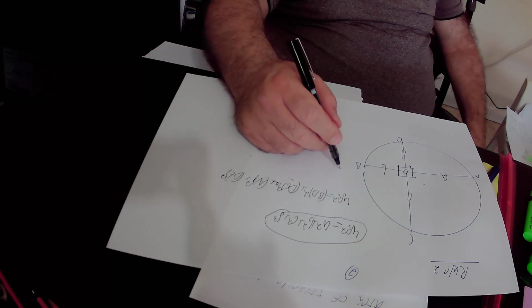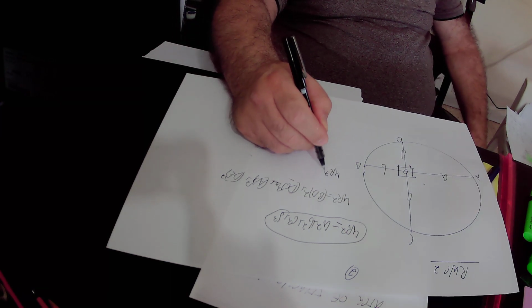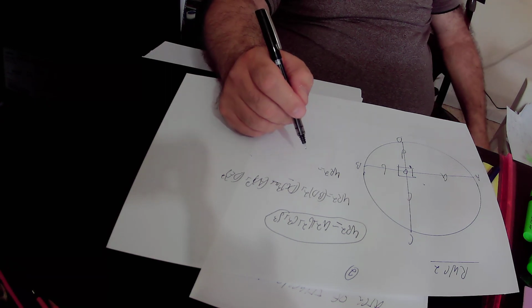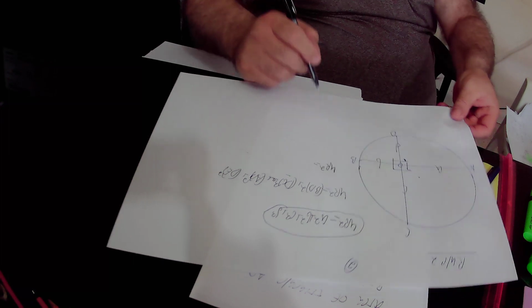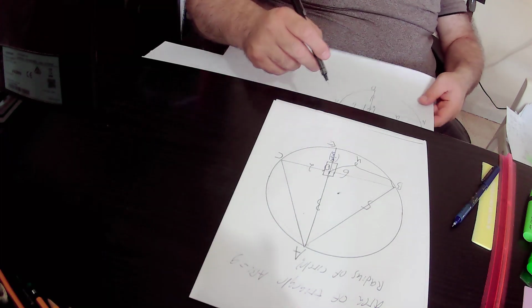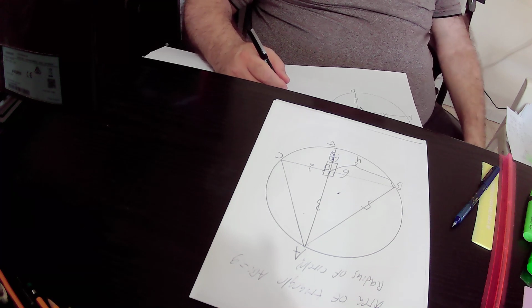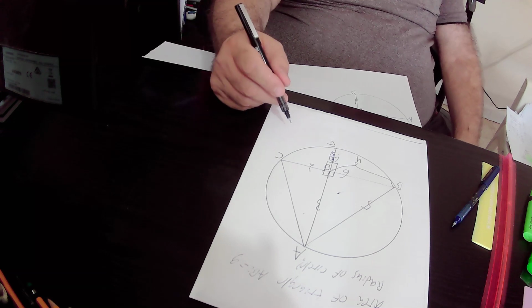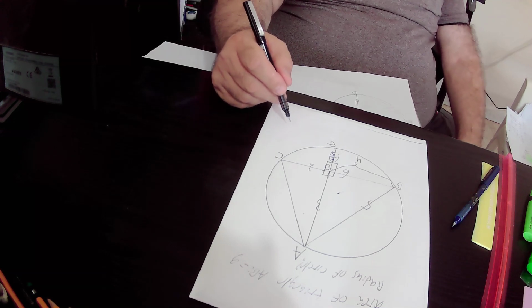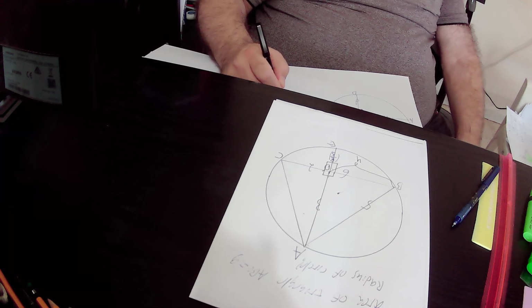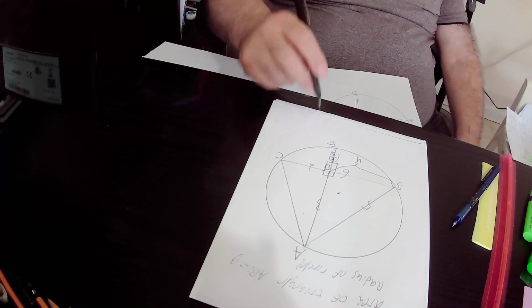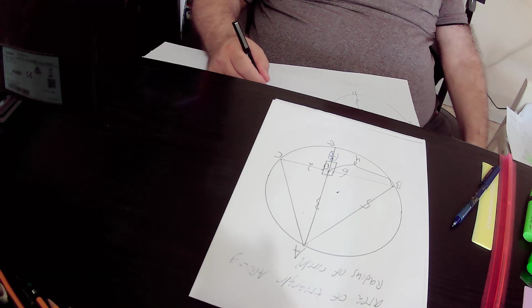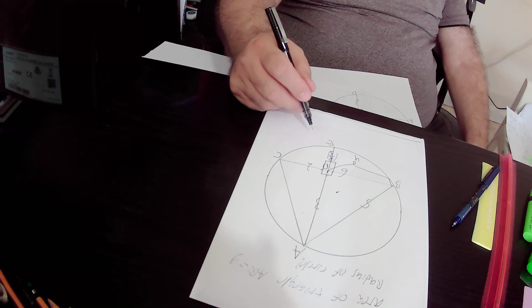So we get that 4 times R squared equals BD squared. BD is 4, so BD squared is 4 squared, that is 16, plus DC squared. DC is 2, so DC squared is 2 squared, that is 4, plus AD squared. AD is 3, so AD squared is 3 squared, that is 9, plus DE squared.